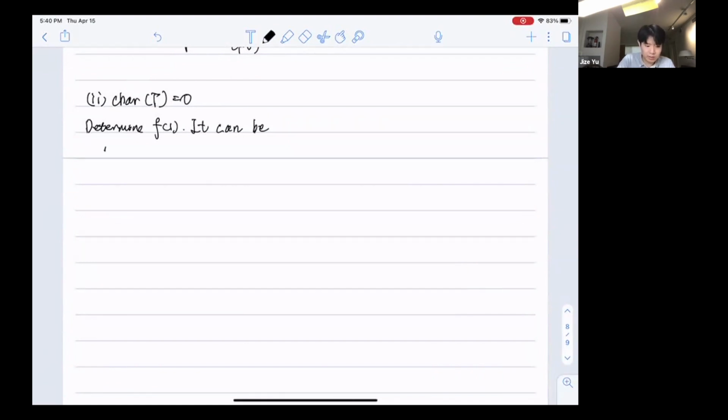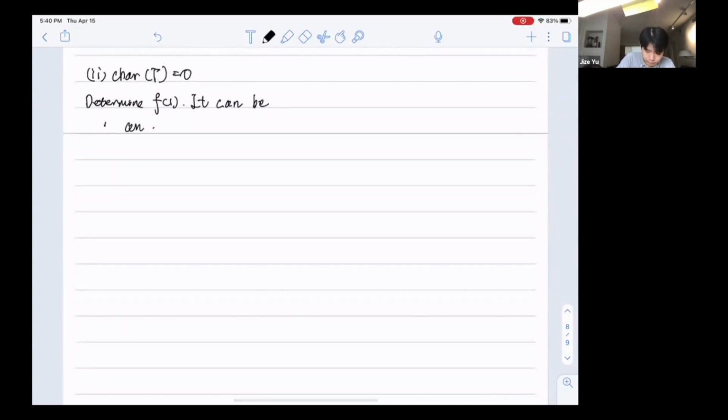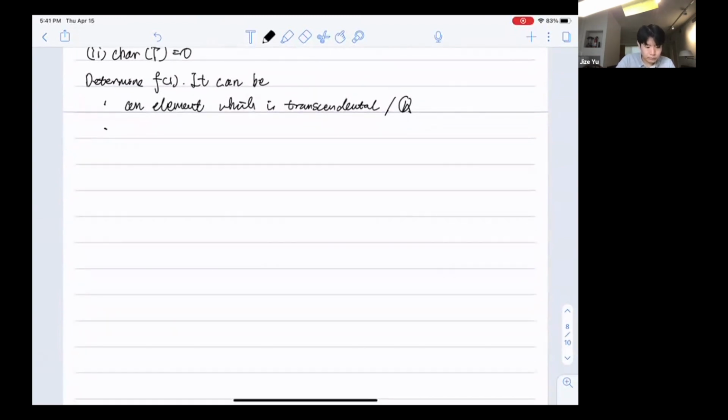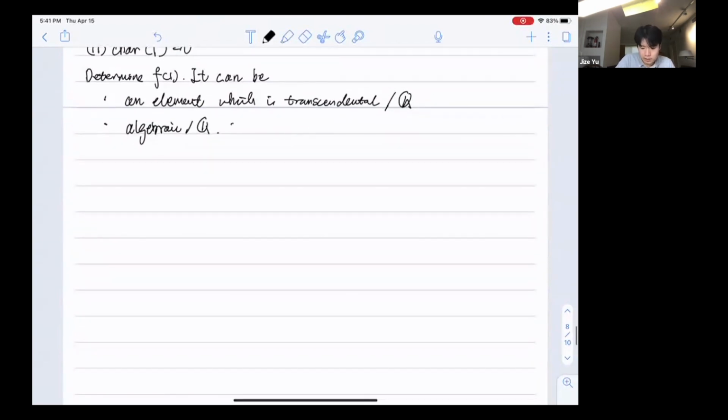First of all, it can be some transcendental element over Q. And it can be some algebraic number over Q. Then in this case, the minimal polynomial of it belongs to this ideal (p, 1 minus v).